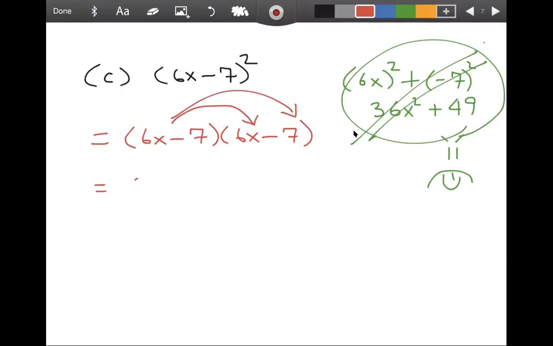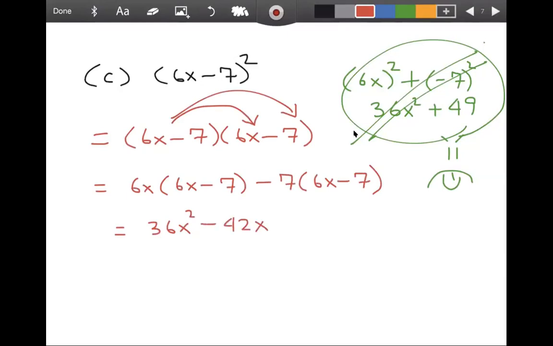So that's going to give me 6x times 6x minus 7 minus 7 times 6x minus 7. Distributing the 6x, we get 36x squared minus 42x. Distributing the negative 7, we get another minus 42x, and then we get a plus 49.